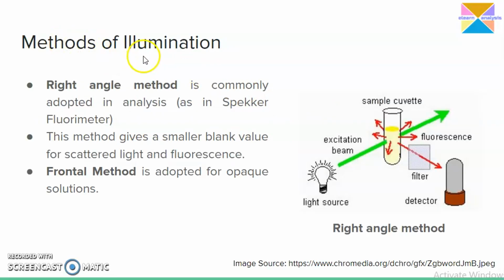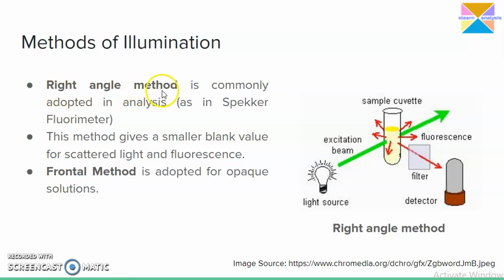Coming to the method of illumination, there are two methods which we can follow. The first one is the right angle method, and the second one is the frontal method, which is just like the visible spectroscopic instrumentation.